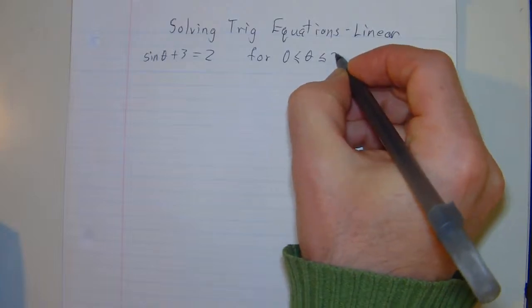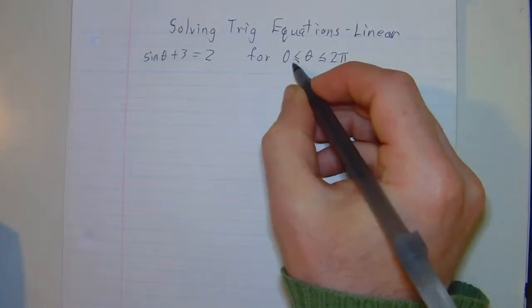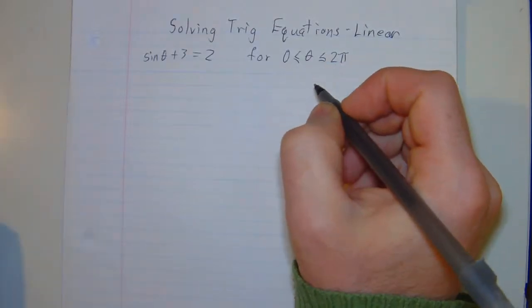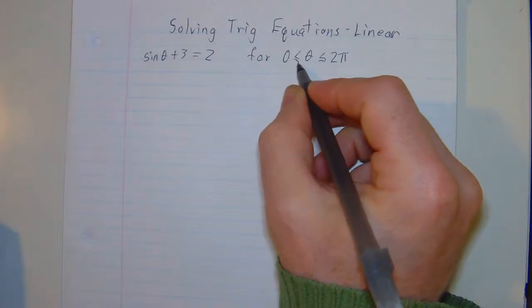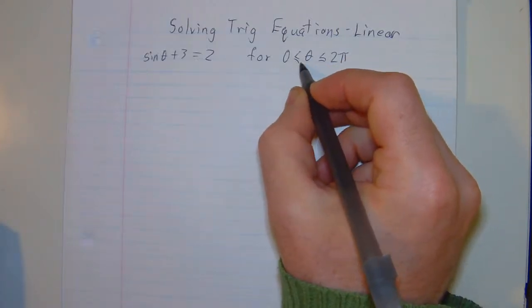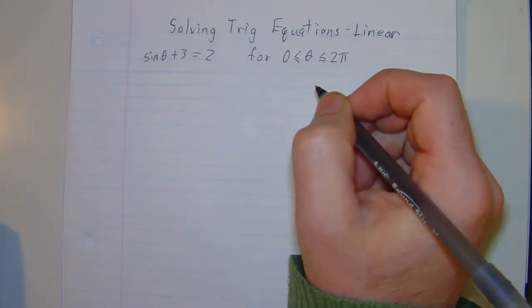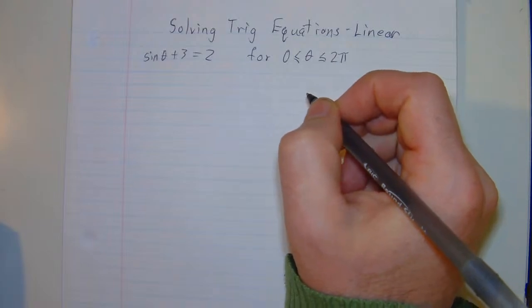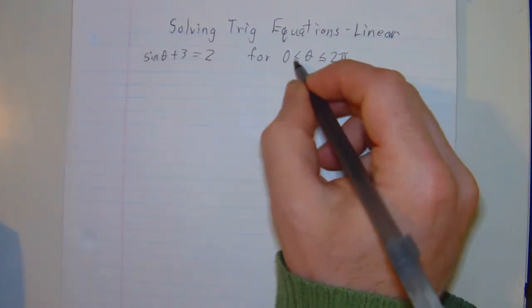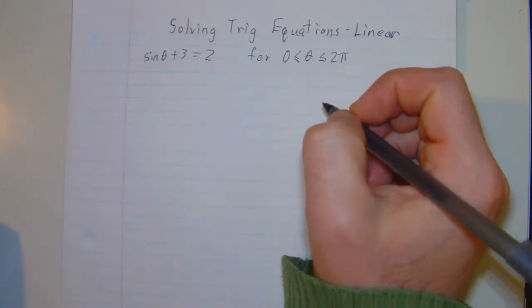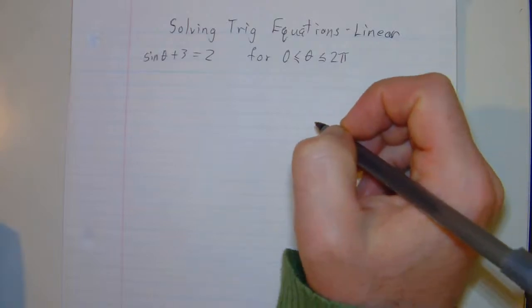So in this case, our range is from 0 to 2 pi, and we're including both endpoints. So always check, is it greater than or equal to for the signs that you have in here, to make sure that you know what's happening at the endpoints, because sometimes those endpoints will be the answers.